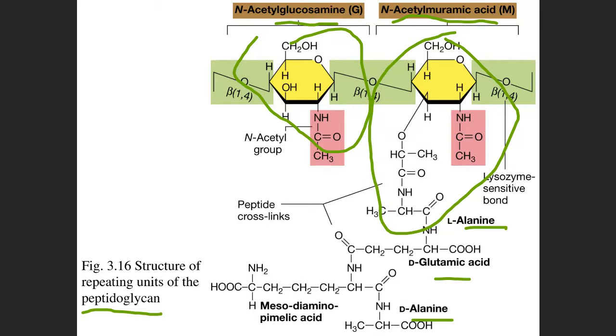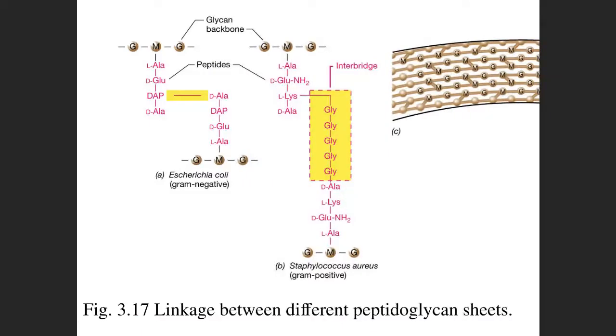And so these are what's called a cross bridge, and different microbes use different side chains. And so here is gram-negative bacteria, and they use a direct link between these two amino acids to form this cross-linking between the two sheets.